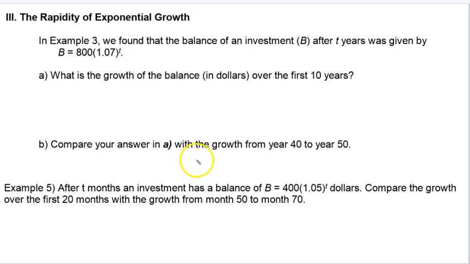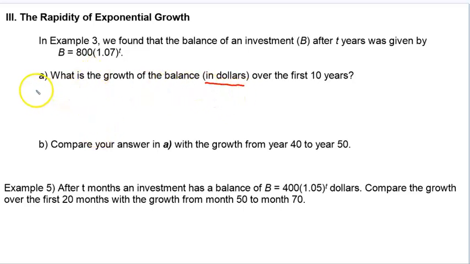All right, this is just an example of how rapid exponential growth happens. It starts off maybe relatively nominal, nothing out of the ordinary as it begins, but over time we'll see in this example how it really increases rapidly. So what this wants us to do is find the growth in the balance in terms of dollars over the first 10 years.